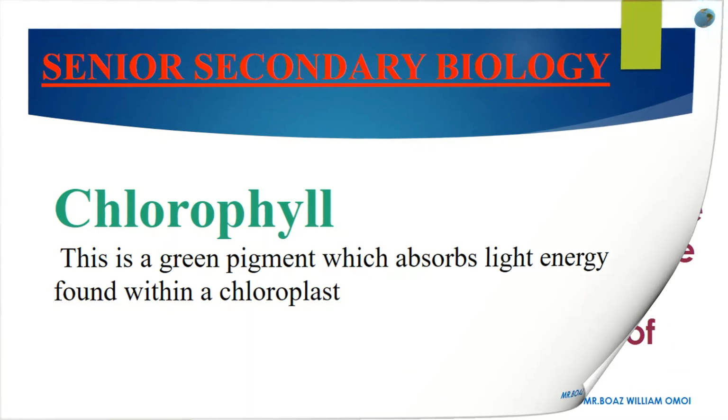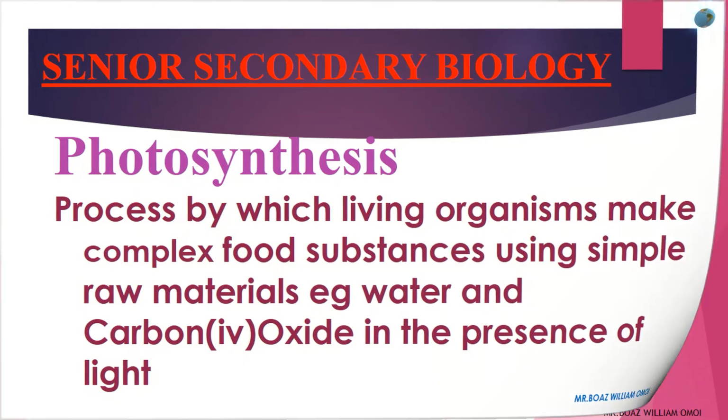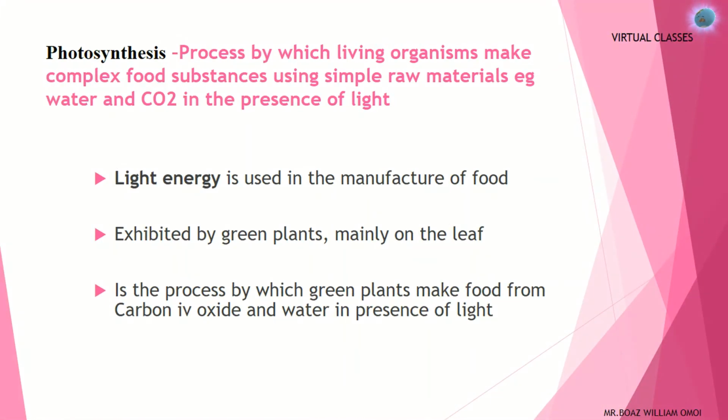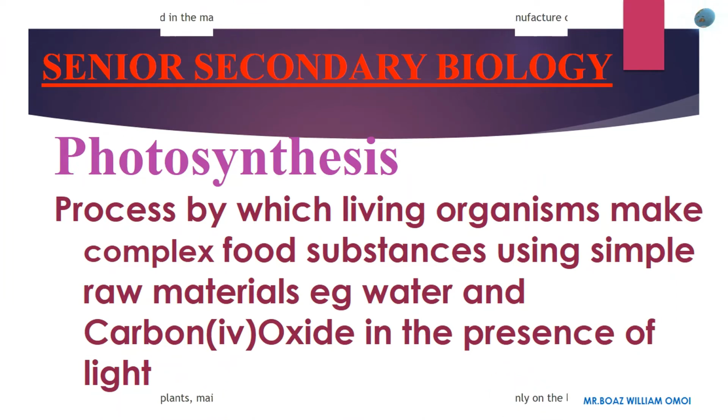On the other hand, photosynthesis. When we are talking about photo, the word photo means light. So the energy that is used in making the food substances is obtained from light. So photosynthesis involves using light energy to manufacture complex food substances, like when we are talking about green plants. So in simple terms, photosynthesis is a process by which living organisms make their complex food substances using simple raw materials in the presence of light energy.